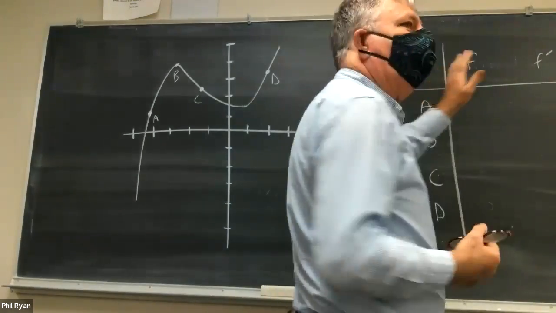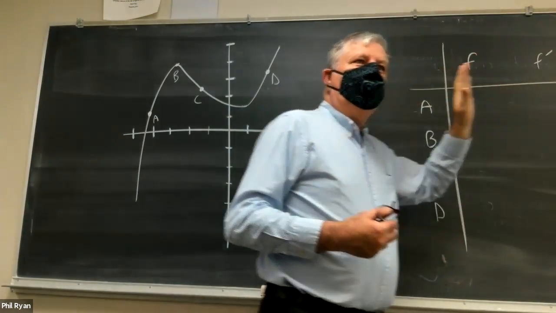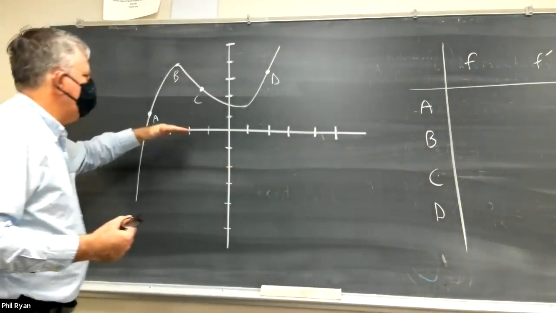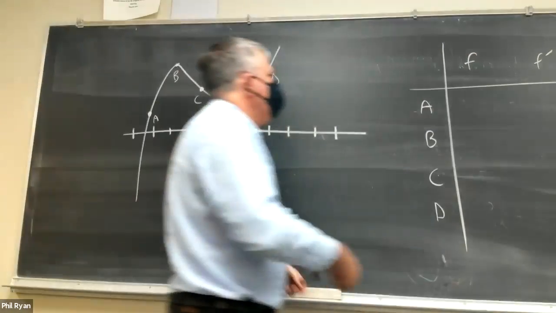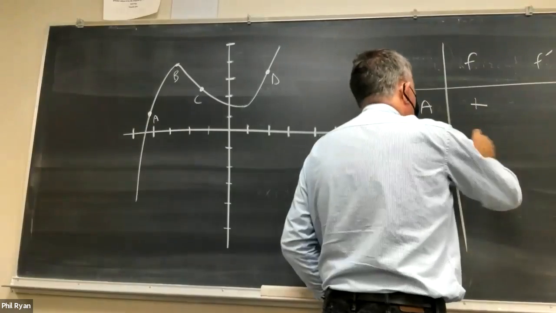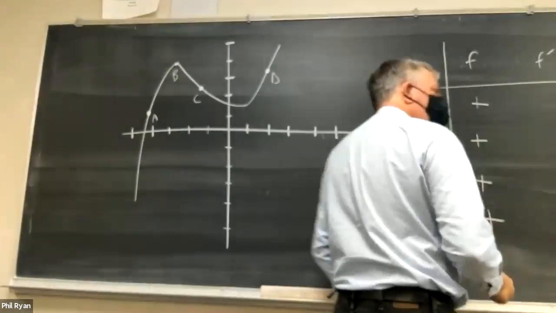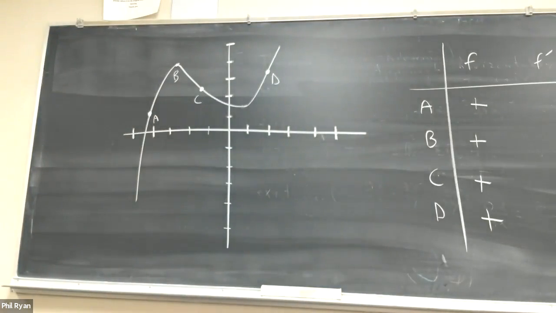F is the quantity, and we know a quantity is positive if it's above the x-axis. So all these things are positive. Okay. What about the derivative? Which of those points have positive derivative?